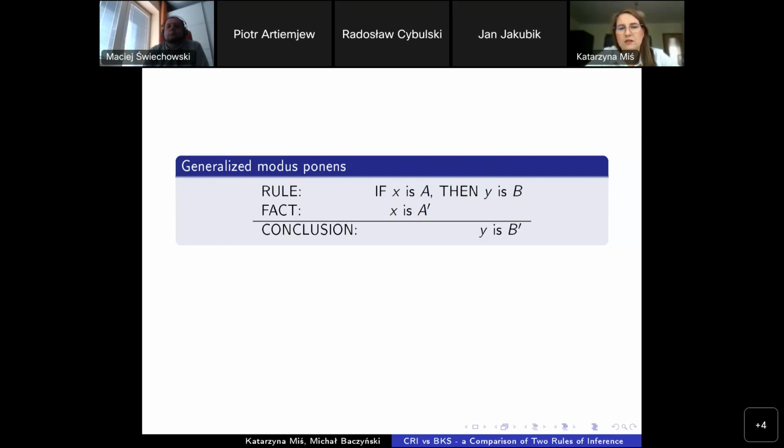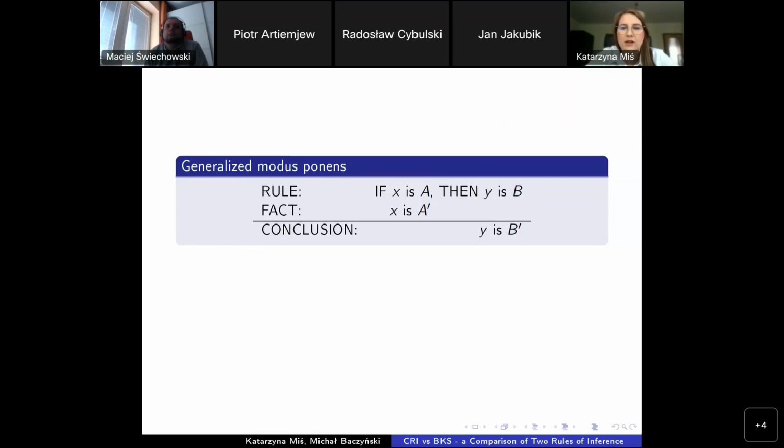And in this case, these properties A and A prime are slightly different. So our conclusion, we would like to get that Y is B prime. So this would be that the object Y has a property B prime, which is what we are expecting, that it would be very similar to B.